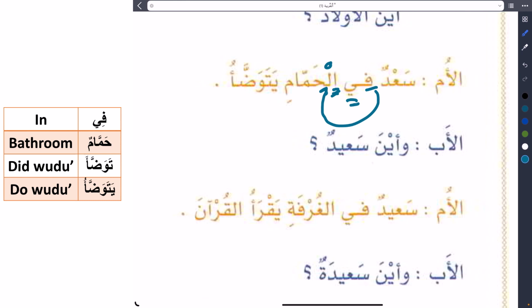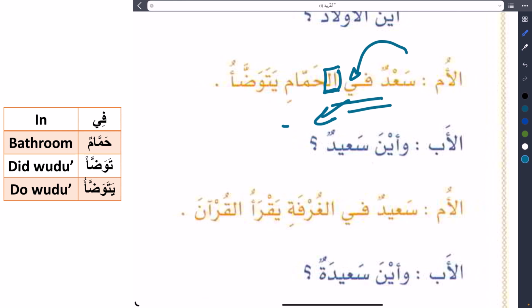This is an important rule in reading, and we apply it a lot in Quran. This is the first thing you should know about fi, that the last letter is skipped if the next word starts with al. If it doesn't start with al, in this case we pronounce it stretched. We pronounce the ya normally.